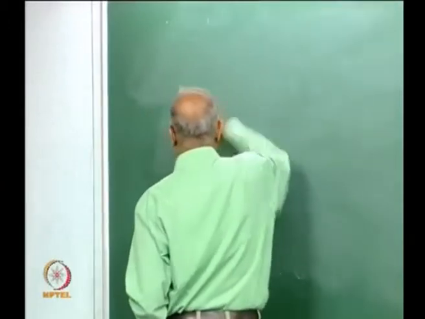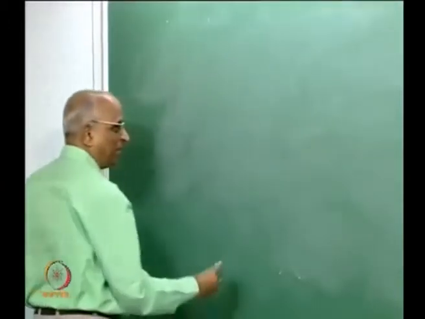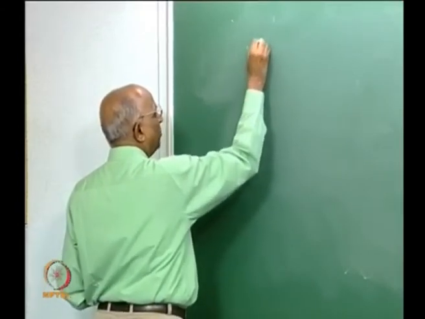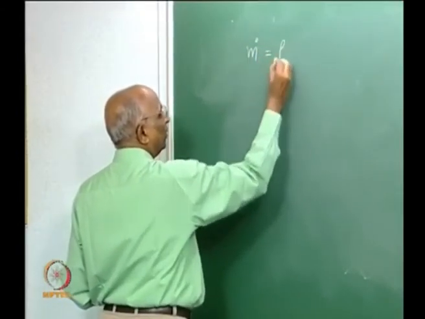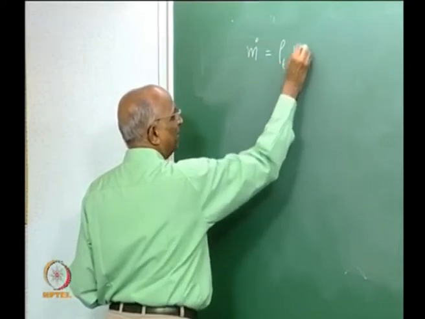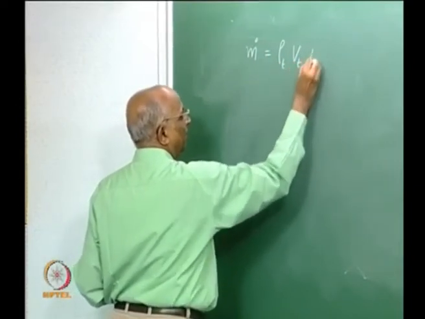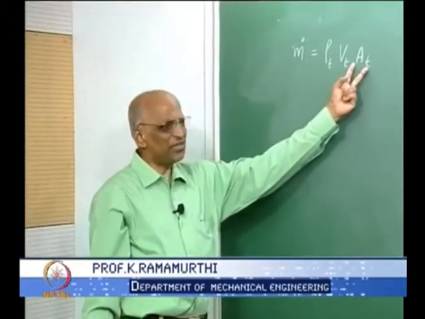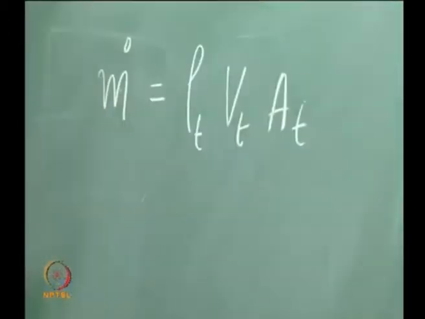Now I can be a little fast, because we have been doing these things for the last 3 or 4 classes. m dot is equal to rho T Vt into At, and it is better I use the reference as At, because that is very standard, that is the throat.